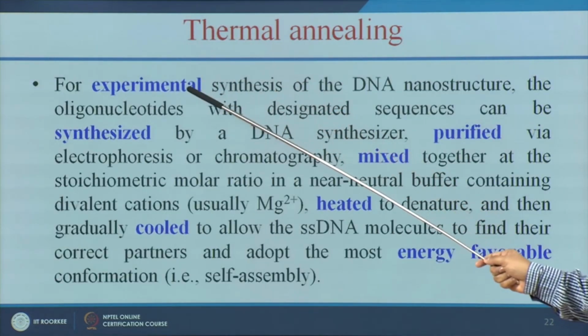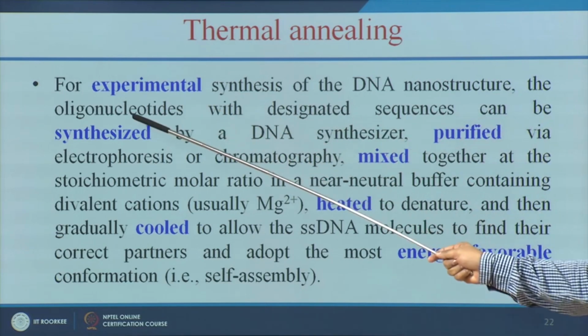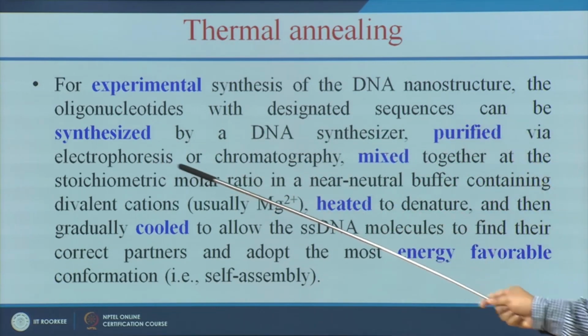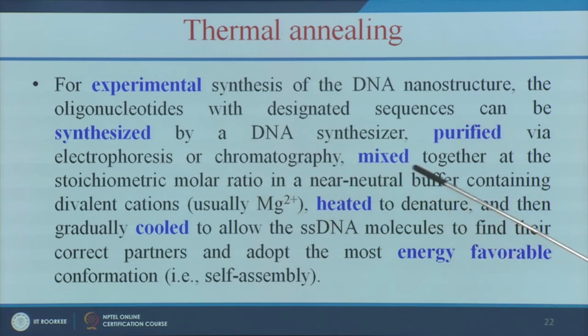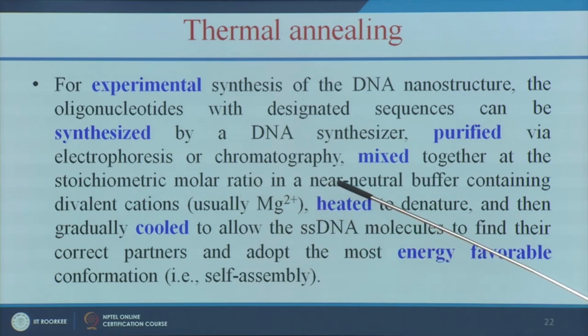For experimental synthesis of DNA nanostructures we need a large amount of DNA. So, how can we synthesize DNA? These oligonucleotides can be synthesized by a DNA synthesizer and purified by techniques like electrophoresis or chromatography, and then mixed together at a stoichiometric molar ratio in a near neutral buffer containing divalent cations.